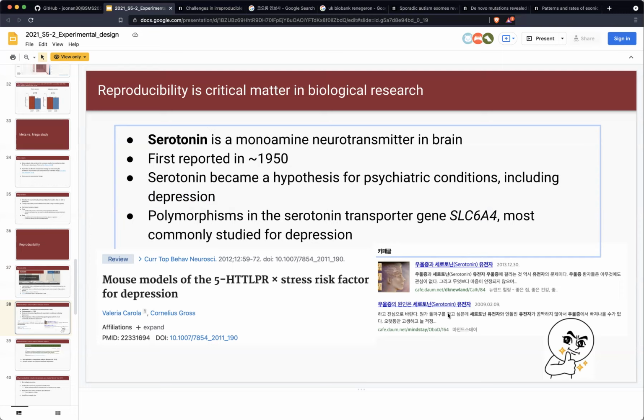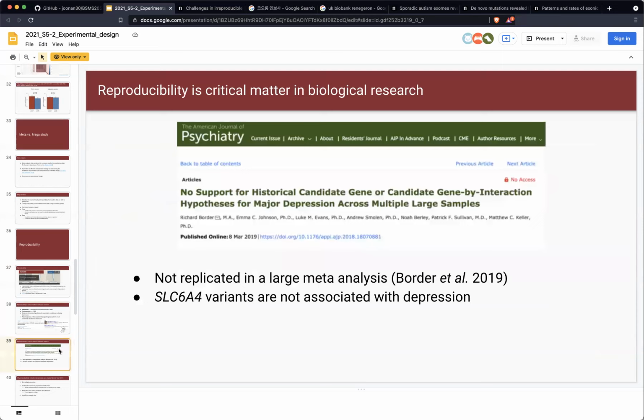So the serotonin gene is the cause of depression, and this type of claim is always in blogs, right? But surprisingly, when we do large-scale genomic research, we never see replication of the serotonin gene in a large meta-analysis. The serotonin gene is not a causal gene for depression, right? This is surprising, right?